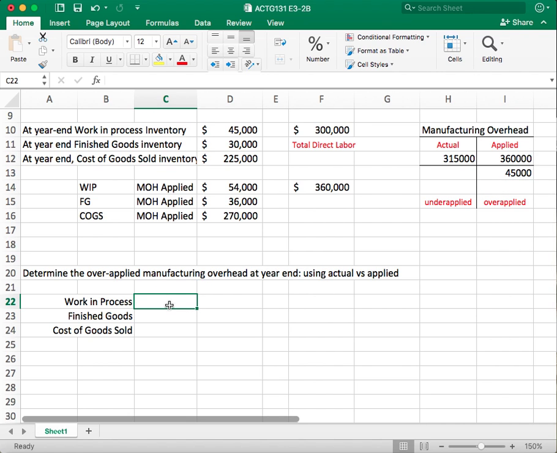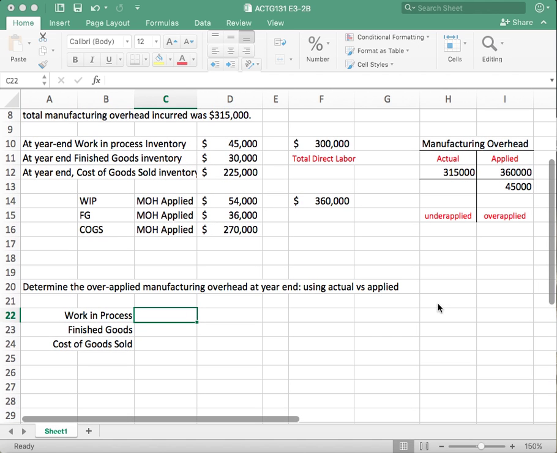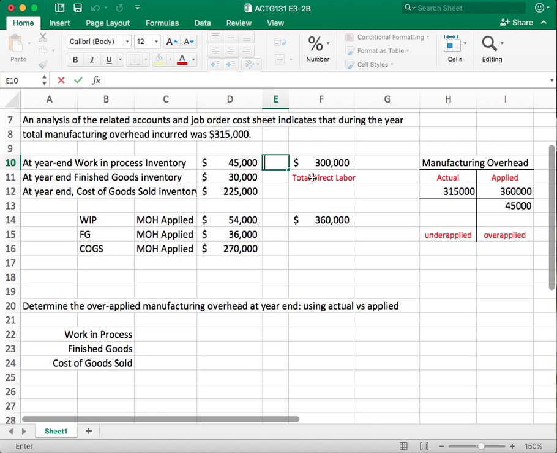So now what we're going to do is convert this $315,000, which was actual, into a percentage basis so that we could subtract actual costs from the applied costs. In order to do that, we need to calculate the relationship between these direct labor costs and the total.